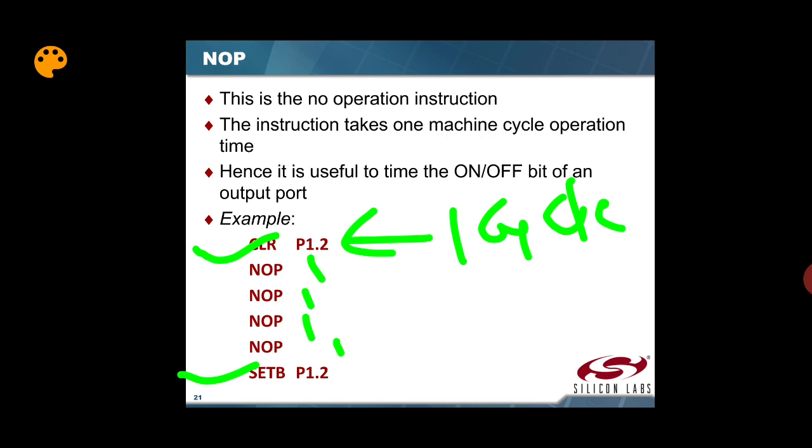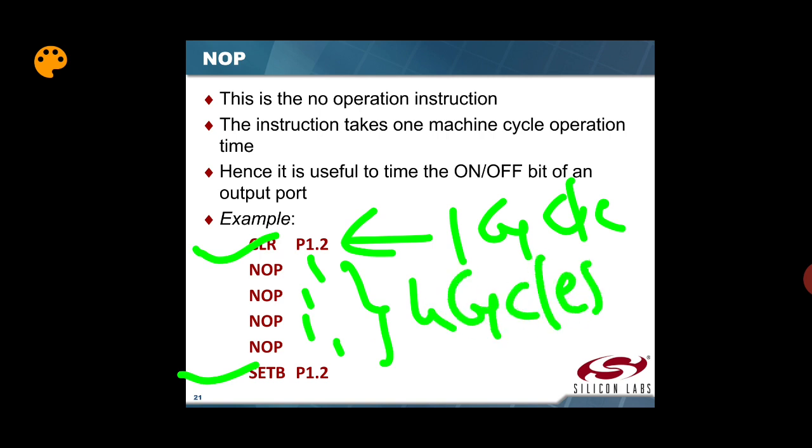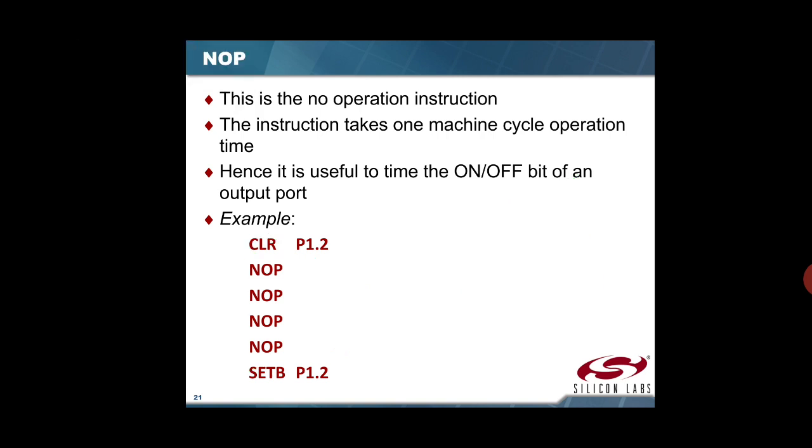Whenever it is executing, how many cycles will elapse between CLR and SETB? 1, 2, 3, 4, so a total of 4 cycles will elapse, meaning waiting. You are giving time for the next instruction to be executed after 4 cycles. You will come to know more in the coming classes.